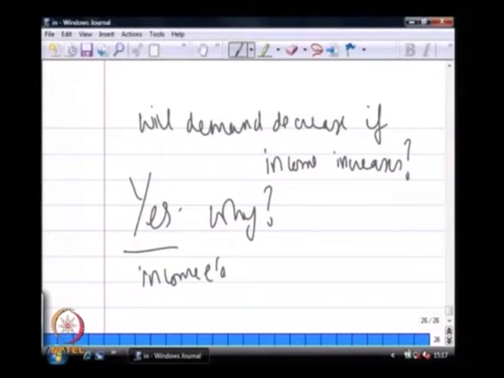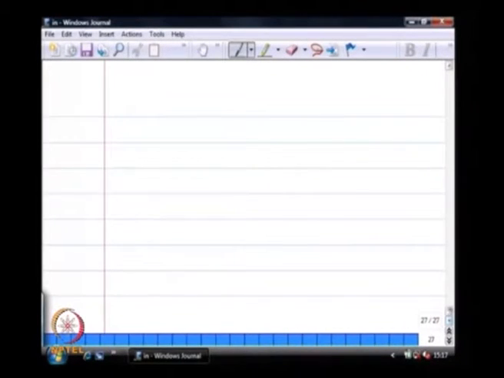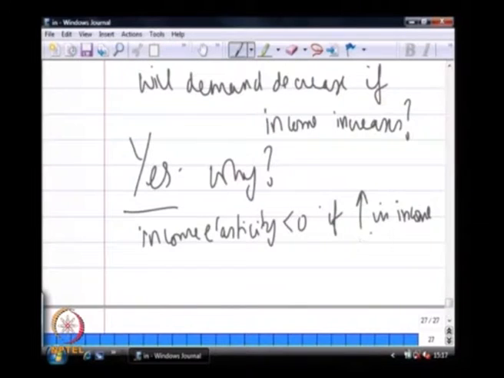Now products for which the demand decreases as income increases will hence have an income elasticity less than 0. So income elasticity will be less than 0 if an increase in income results in a decrease in demand.